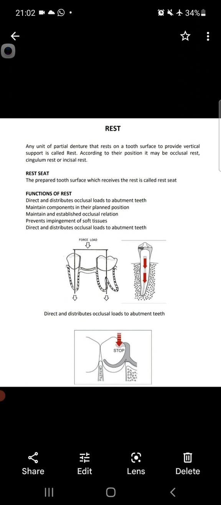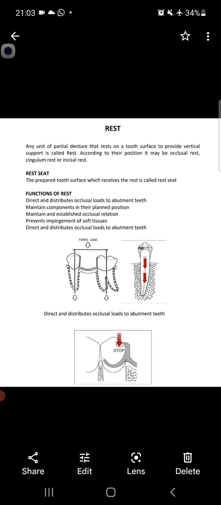According to their position, it may be an occlusal rest. If the rest is given on the occlusal surface, it may be a cingulum rest or an incisal rest. This is about rest, meaning the rest definition.